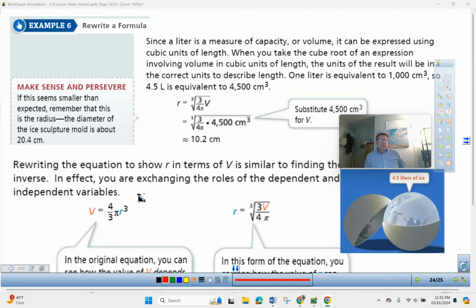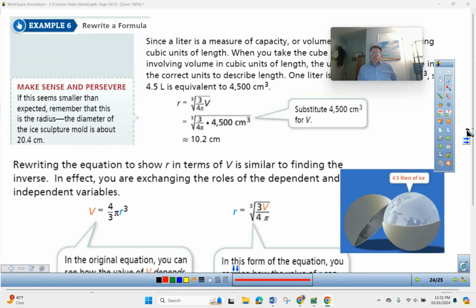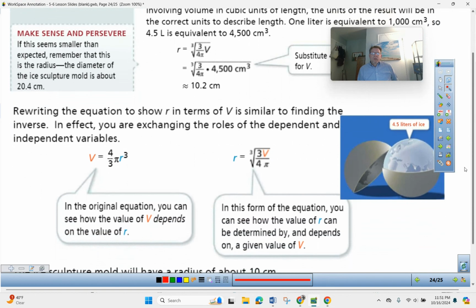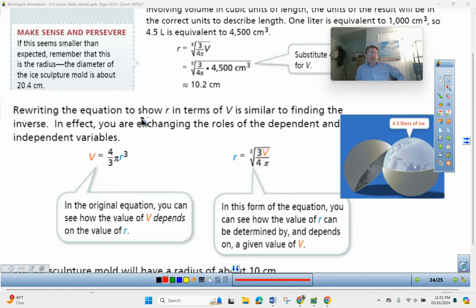All right, so let's look at this one last thought here. It says rewriting the equation to show r in terms of V, because that's what happened, instead of V in terms of r, is similar to finding the inverse. In effect, you are exchanging the roles of the dependent and independent variables.